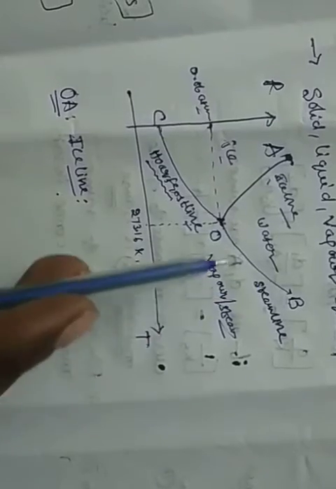Along this steam line, the water and vapor are in equilibrium with each other. Along this sublimation line or hoarfrost line, the ice and vapor are in equilibrium with each other.